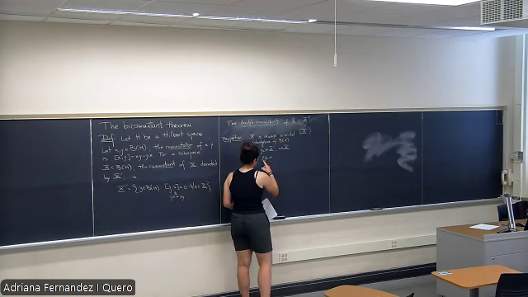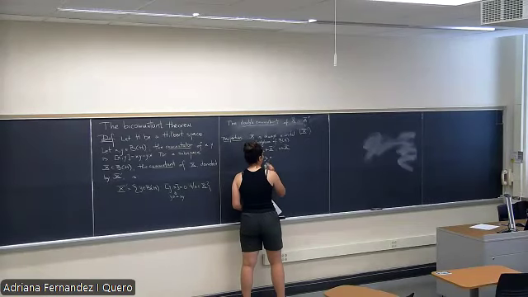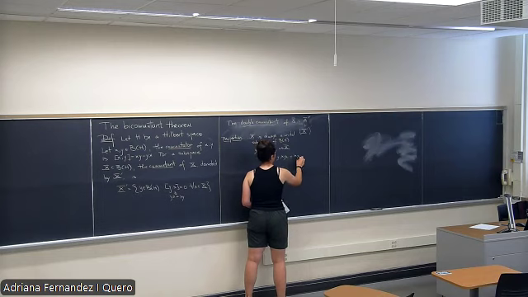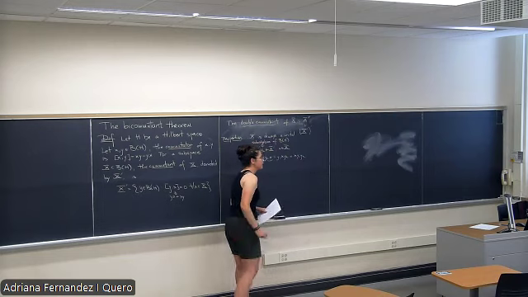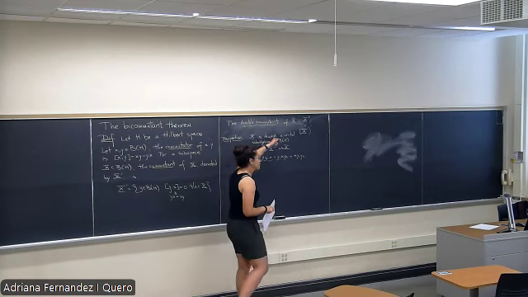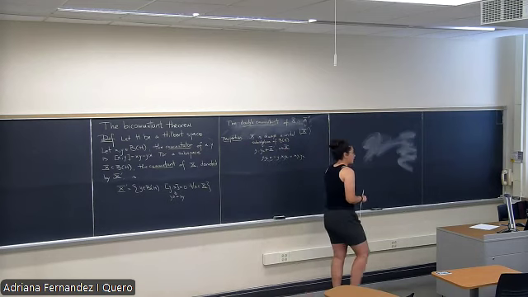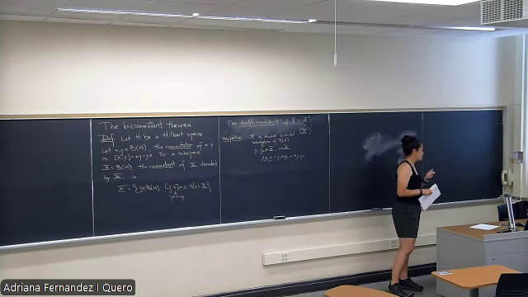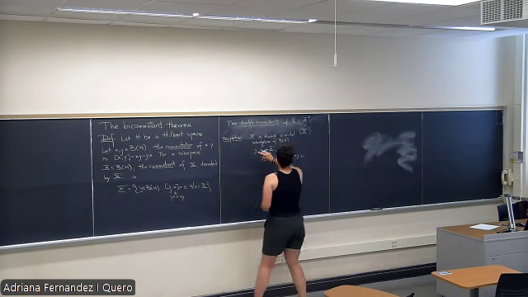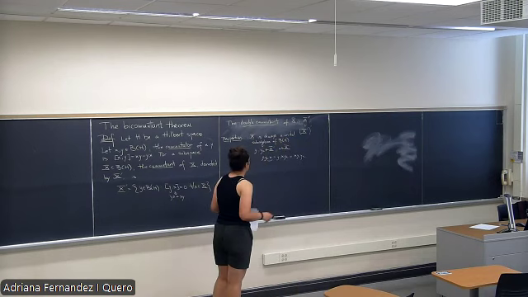You just have to check that it commutes with every single element x in X. Y2 commutes with x, and y1 commutes with y2x. So it has at least this structure. It's always unital because the unit is in B of H and it commutes with every single element in X, or in B of H. So it always contains the identity. And this is without any other property of X. So this is independent of X.